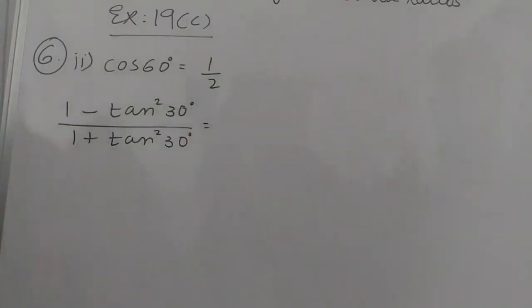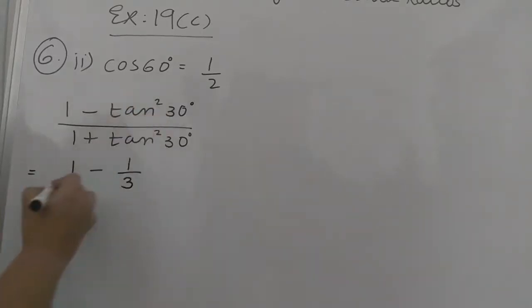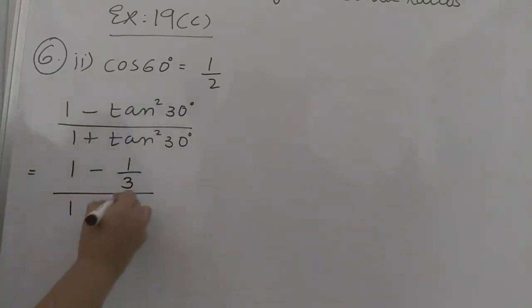Now we take the middle part, that is 1 minus tan square 30 degree upon 1 plus tan square 30 degree. So we solve this by placing the values here. I can place the value 1 as it is, minus tan 30 is 1 by root 3. So 1 by root 3 square is 1 by 3, and here also 1 by root 3 square is 1 by 3.